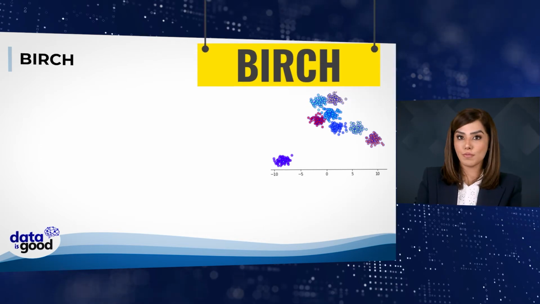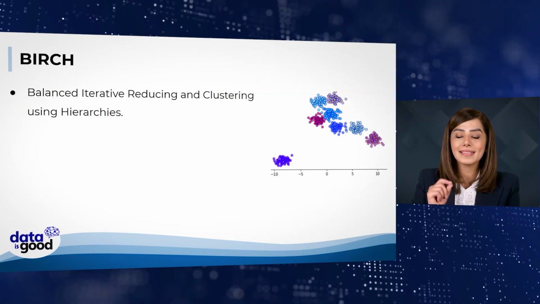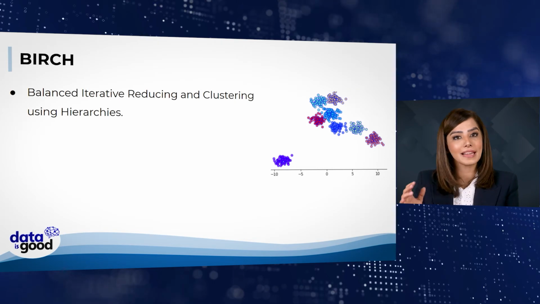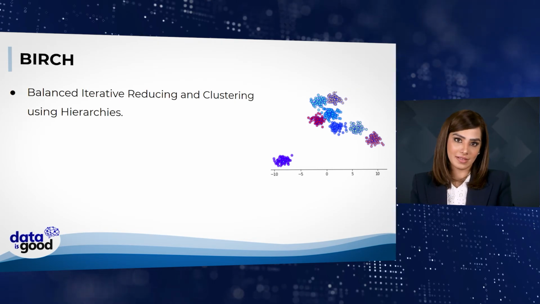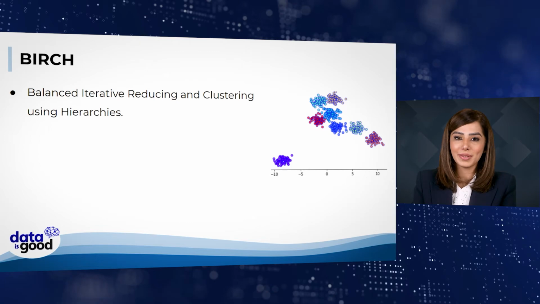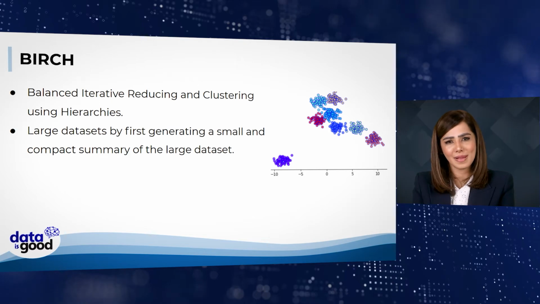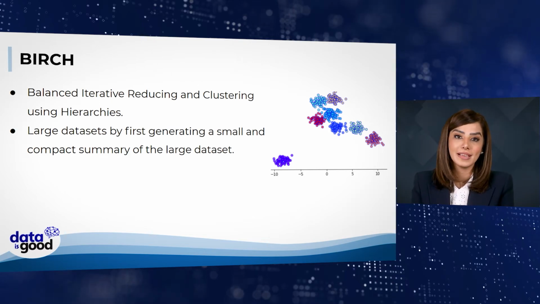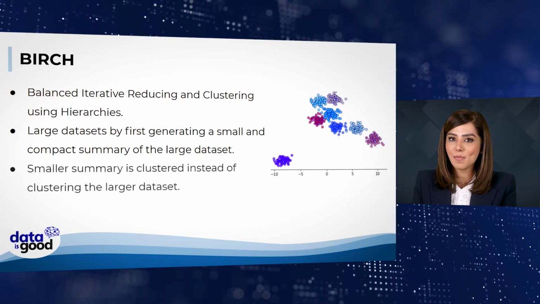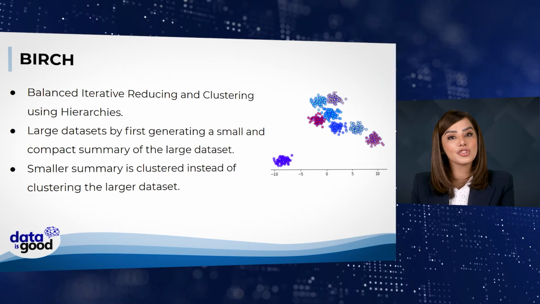First of all, BIRCH stands for Balanced Iterative Reducing and Clustering Using Hierarchies. BIRCH is a clustering algorithm that can cluster large data sets by first generating a small and compact summary of the large data set that retains as much information as possible.